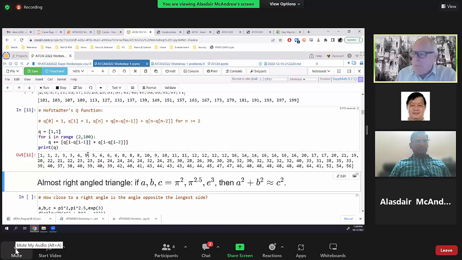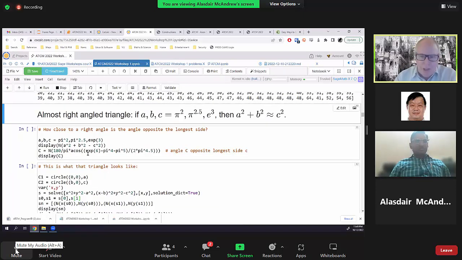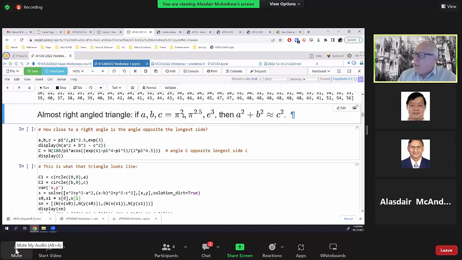Just to keep going with numbers, I learned quite recently the also remarkable fact that for these three numbers, pi squared, pi to the power of 2.5, and e cubed, which we call a, b, and c, a squared plus b squared is remarkably close to c squared.